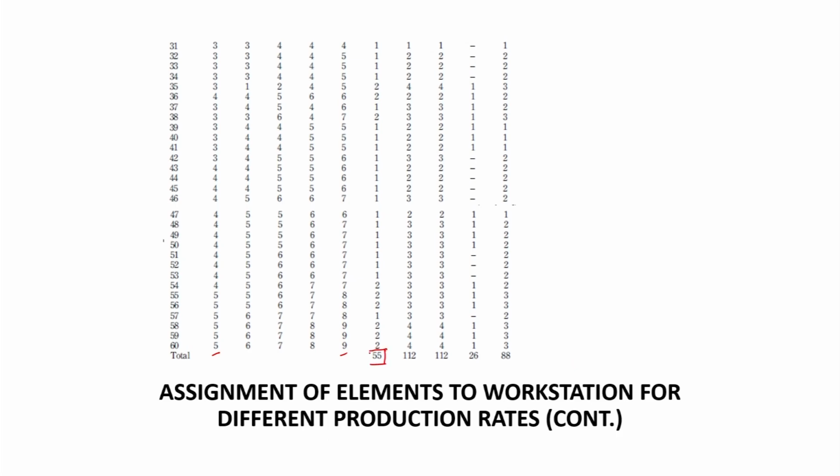So, 55 man elements need to be trained for a lower production rate, 112 for this particular category of demand scenario, and 88 for this 5th level of demand scenario. In that way we determine the requirement of training.